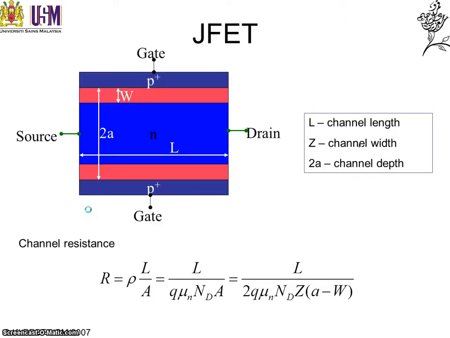Now you can calculate the channel resistance. Channel resistance is just rho L over A. L is the length between the source and the drain, basically. A is the area, and rho is just the resistivity.